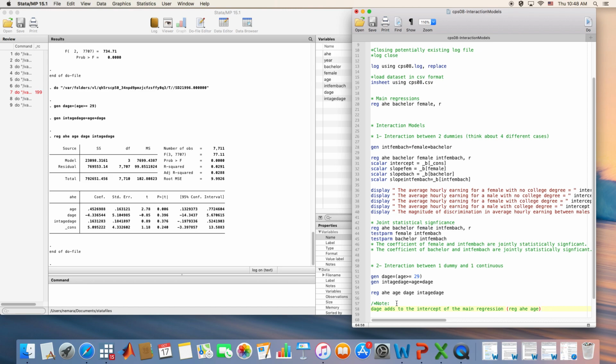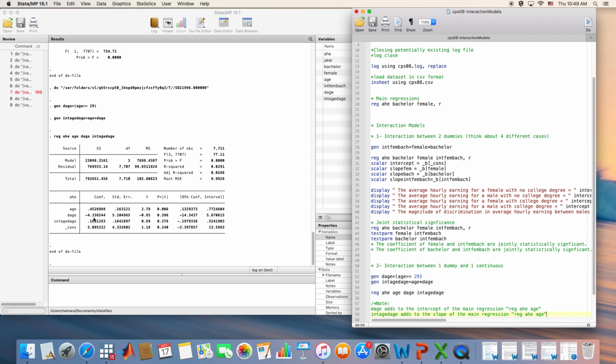If I add dh to it, then it's going to add to the intercept. The other thing to note is that the interaction term of age and dh adds to the slope of the mean regression, which is the regression of AHE on age. So those are things to understand.